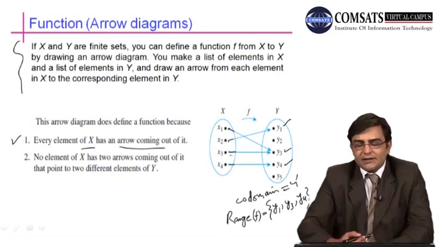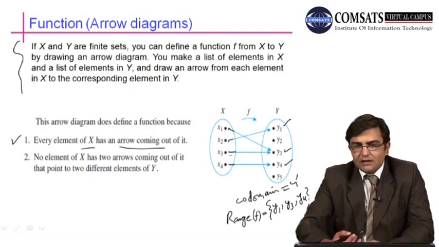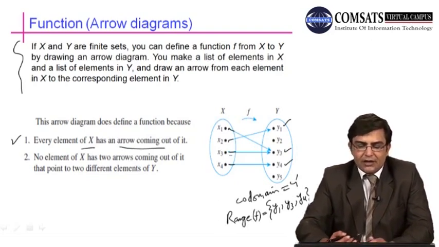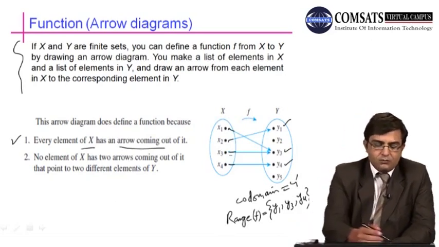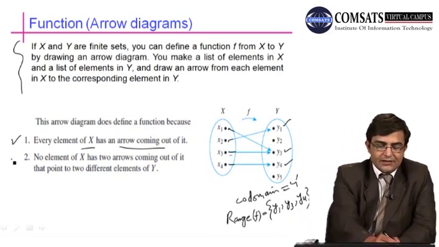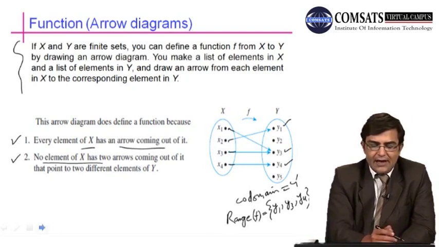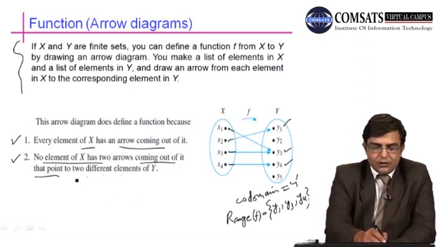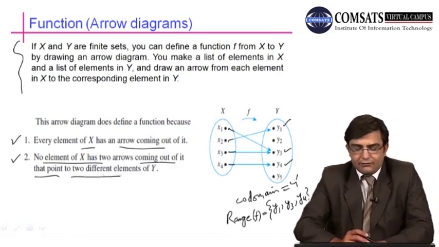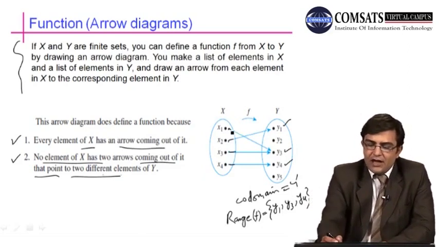So this is the first property, meaning every element of x has been utilized or related to some element of y. Now the second condition is that no element of x has 2 arrows coming out of it that point to 2 different elements of y.